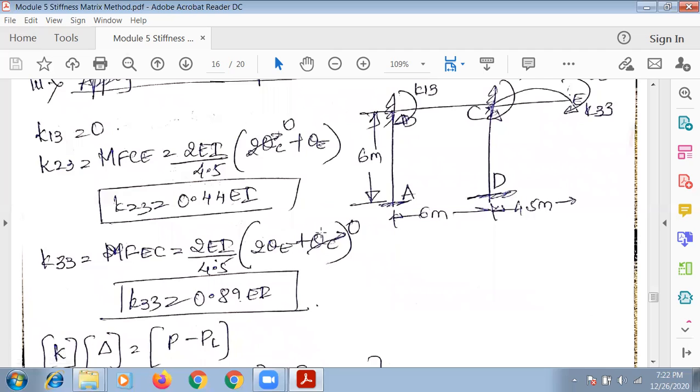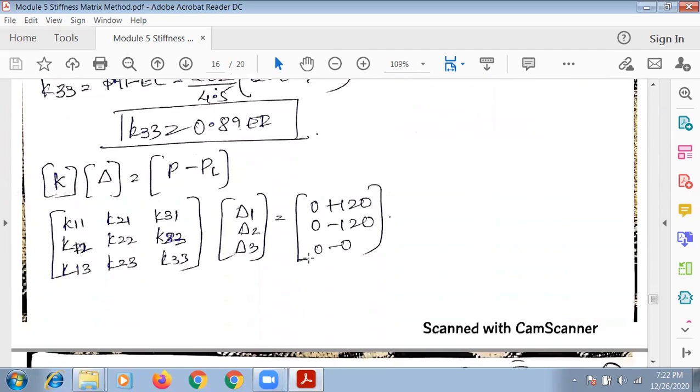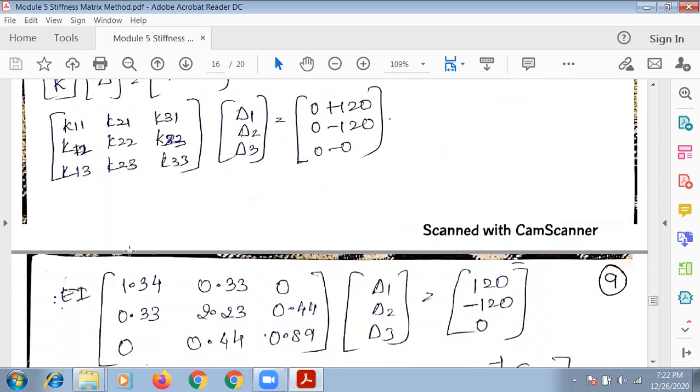Once you find all the K values, next use the stiffness matrix equation to find the delta values. The stiffness matrix equation is K into delta is equal to P minus PL. Here also same thing.